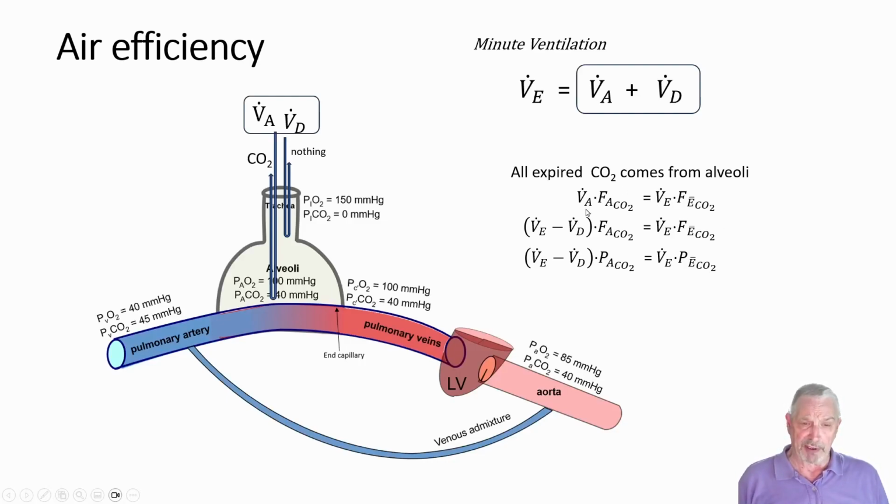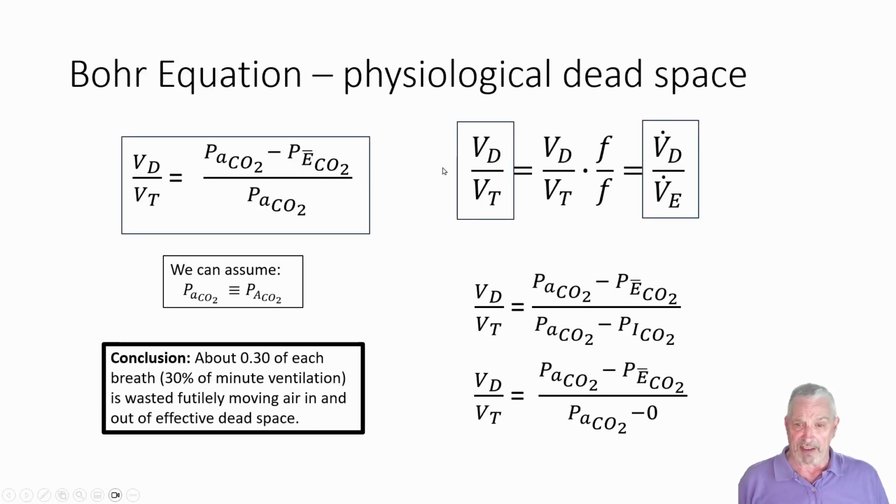With just a few little changes, we can say, well, alveolar ventilation, the total amount going to the gas exchange surfaces, is the minute ventilation minus the stuff that doesn't go to the gas exchange surfaces. So we make that substitution. And then we can multiply both sides by barometric pressure, and we get this equation here, which with a little bit of algebraic manipulation turns into the Bohr equation.